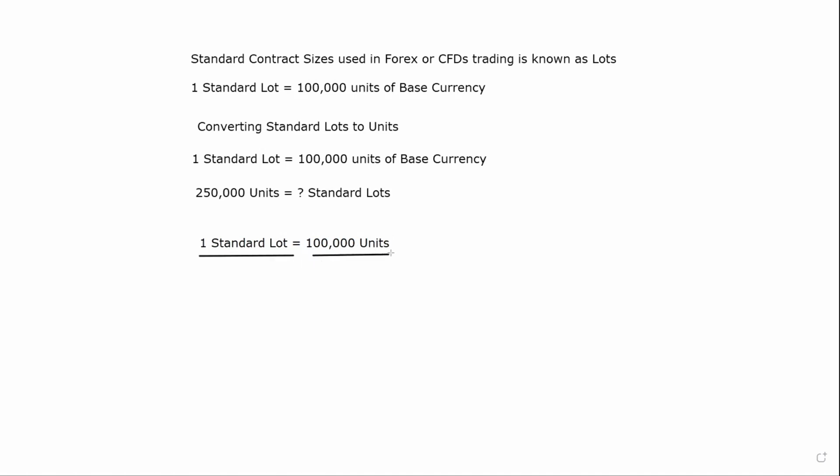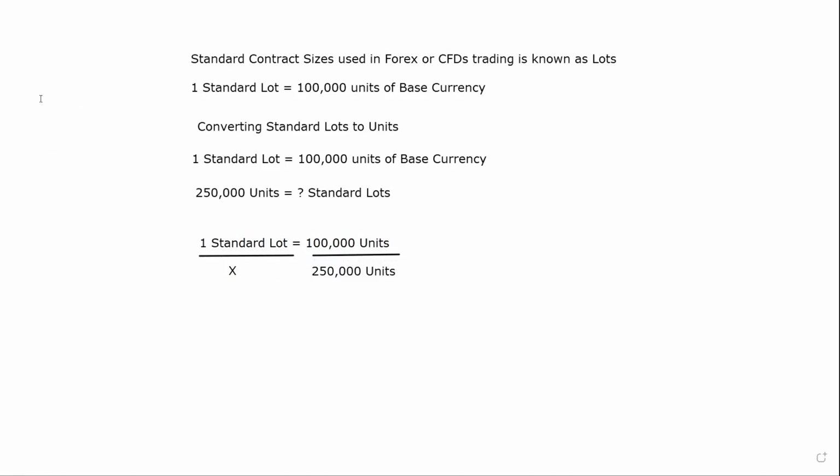We're going to use the direct proportion again. We have the given 250K units, and we have to find out how many standard lots. We don't know how many standard lots 250K units is equal to, so we place a variable X here.